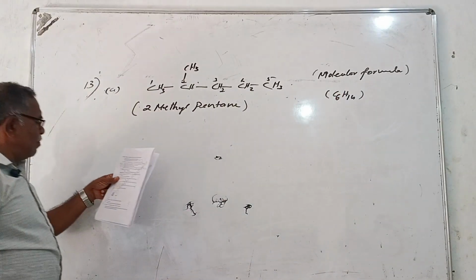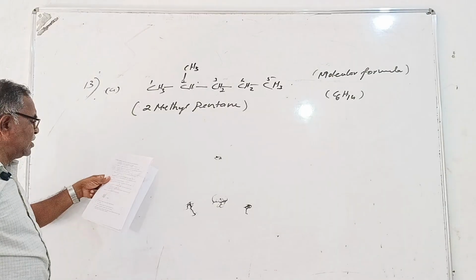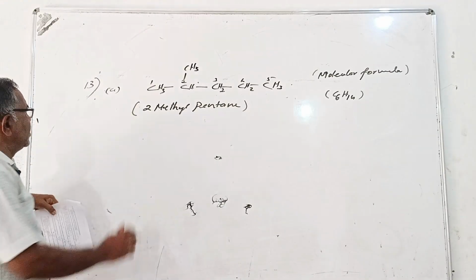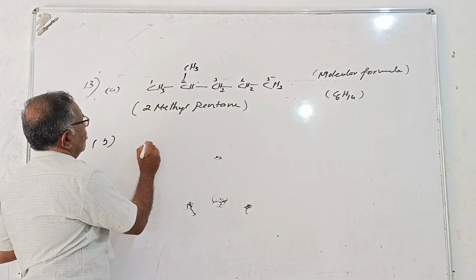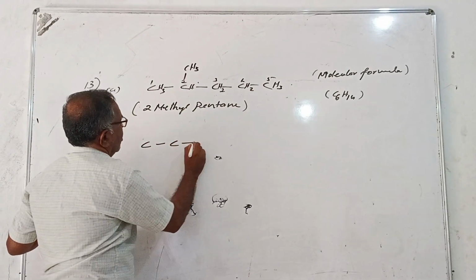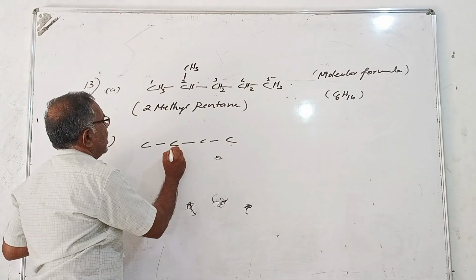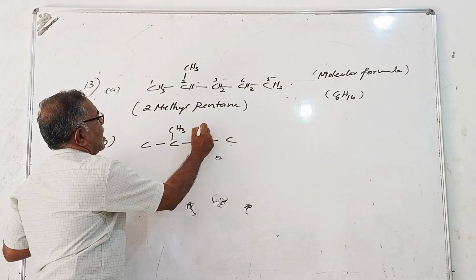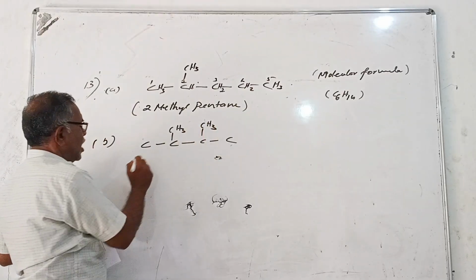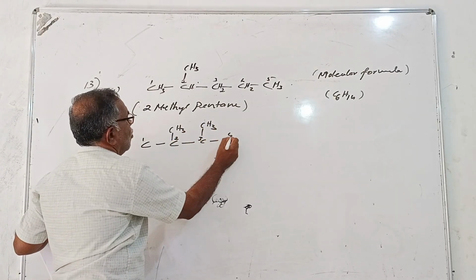Now question B: write the structural formula for any possible chain isomer of it and its IUPAC name. We can write the answer: 1, 2, 3, 4. Put one CH3 here, and here also one CH3. Now there are 6 carbon atoms, numbered 1, 2, 3, 4.